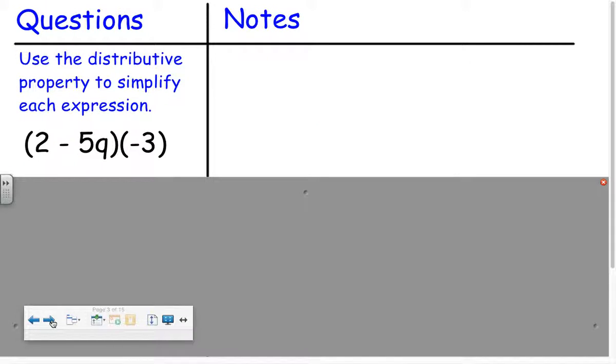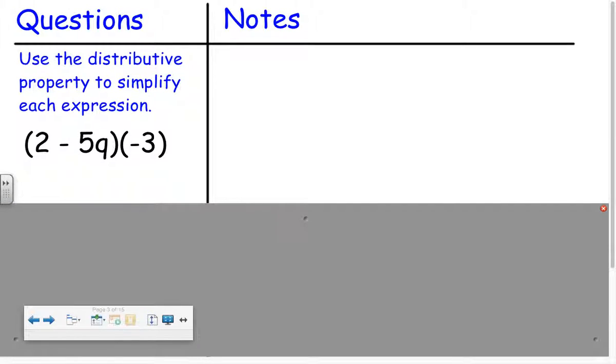All right, same direction, still using the distributive property to simplify. This time you'll notice that there are 2 sets of parentheses, and here is why. If I didn't have parentheses around this negative 3, look at what the problem would look like. It'd be 2 minus 5q minus 3, which I don't want to subtract 3.